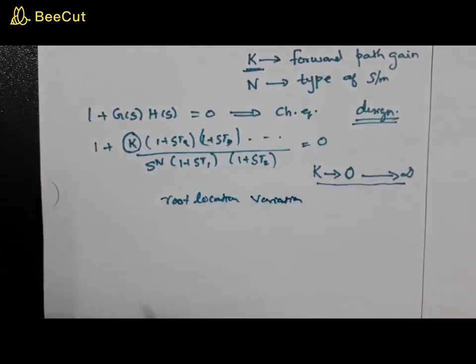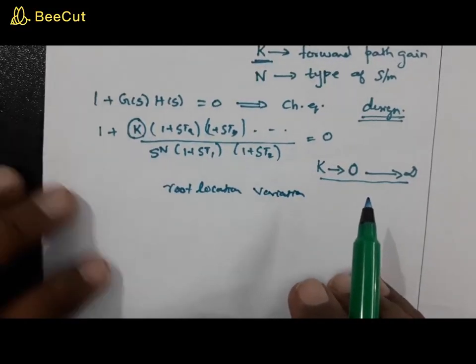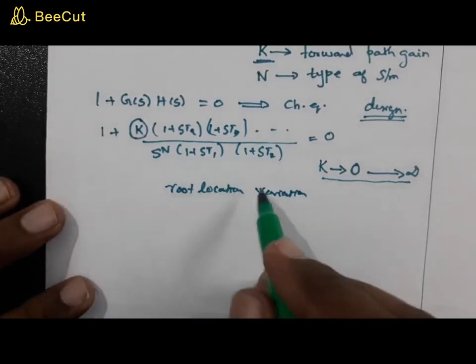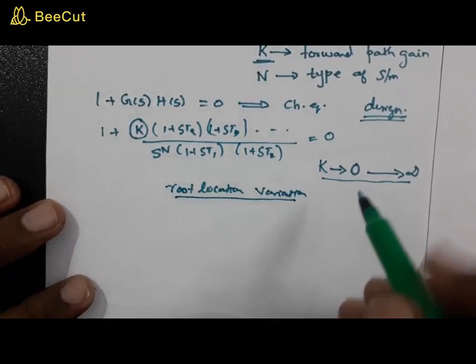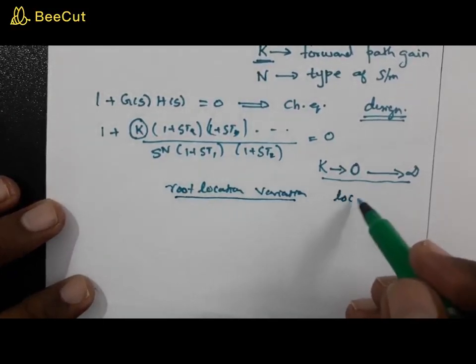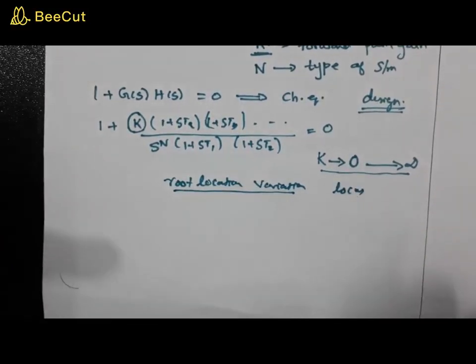And when you trace that path of the variation of that root location, that becomes a locus. What do you mean by a locus? Locus refers to a path, right?